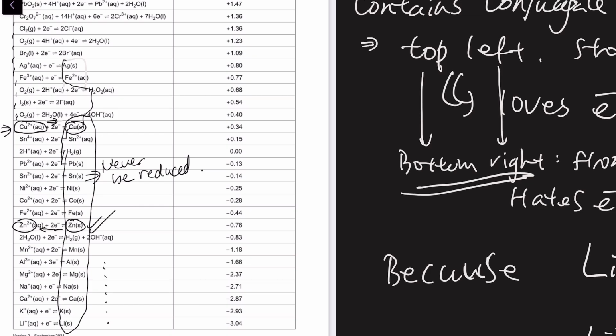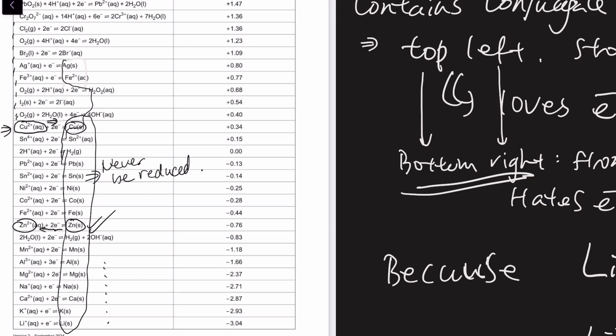Makes sense, right? You cannot add electrons to a metal and make a metal negatively charged. You've never seen those kinds of things before, so it never can be reduced.